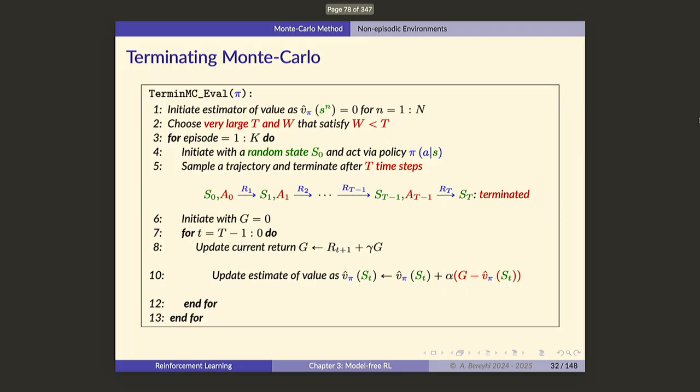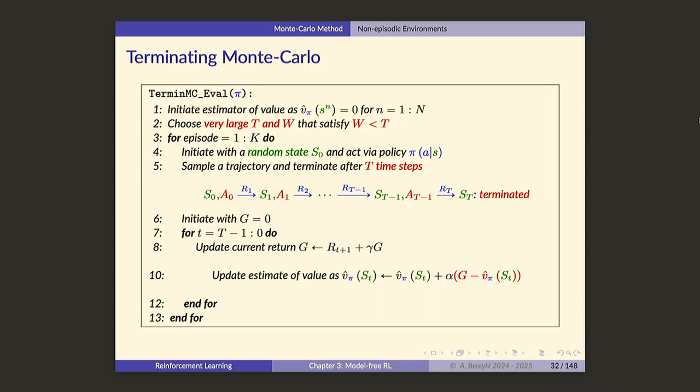So I can say that, okay, it doesn't matter really. I can start from the very end and collect whatever I had, and then I take it for the value or action value of my first point in the trajectory, right? That's fair, right?